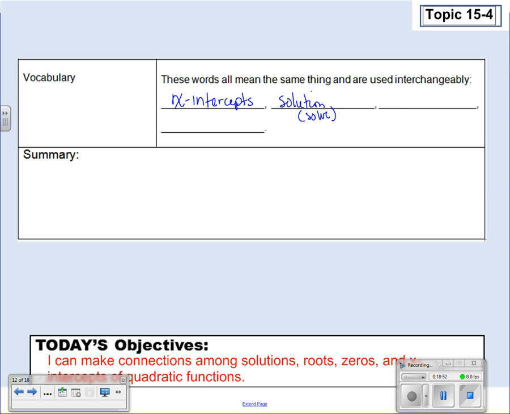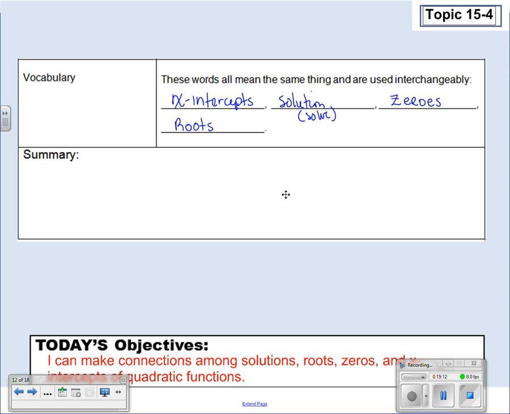But you could also be asked to find the zeros. You could say, find the zeros of this quadratic. That is the same as saying x-intercepts and solutions. And last, you could be asked to find the roots. So if you're asked to find the roots, they're asking, what are the x-intercepts, or what's the solution?